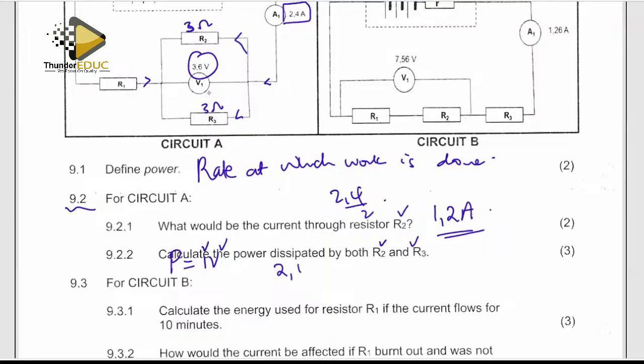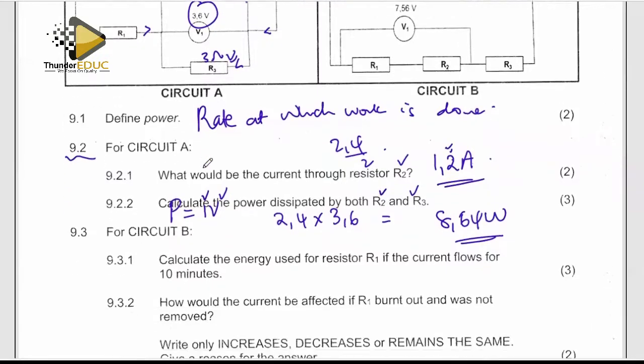So it's going to be 2.4 multiplied by 3.6, which gives me 8.64 watts. You can use other approaches, whereby you look at the individual power, because we know the current is 1.2, 1.2, and then you just add them together. You should be able to get the same answer.